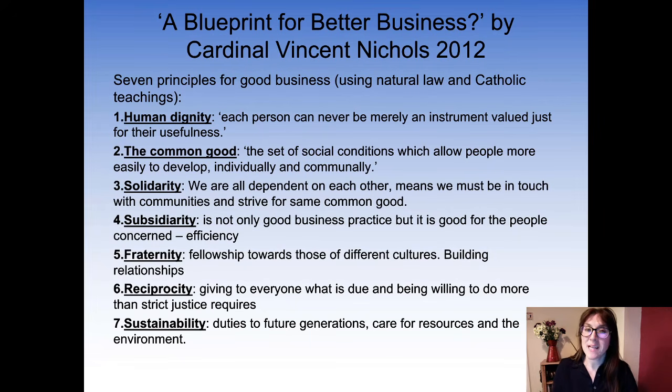So again, that idea there of, do you just pay people minimum wage, or do you give people more money? So that idea of giving people what they deserve based on how well they work, for example. And finally, sustainability, this idea of duties to future generations, so care for resources and the environment. We have to sustain this in order for future generations to have something.